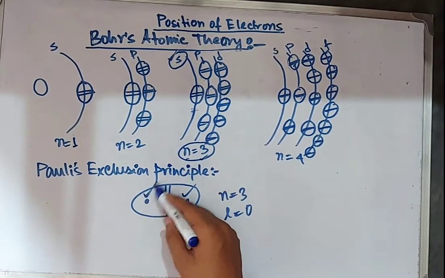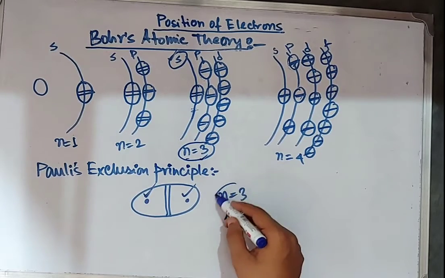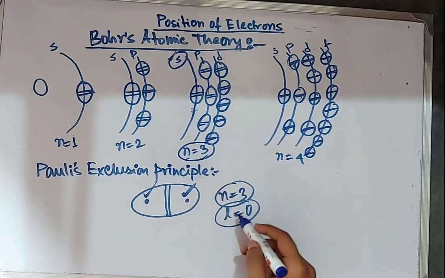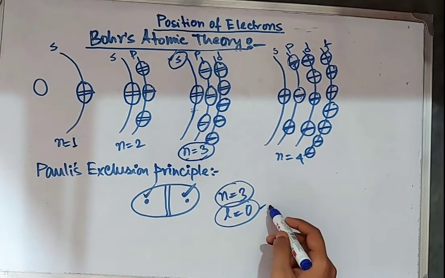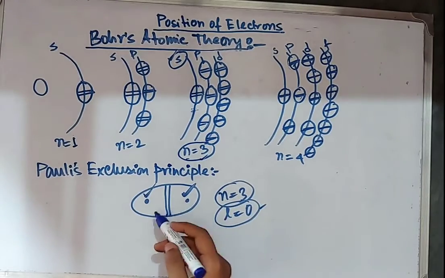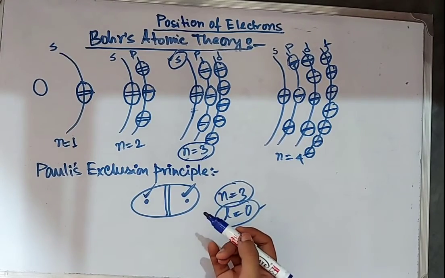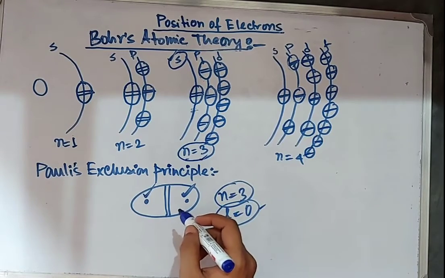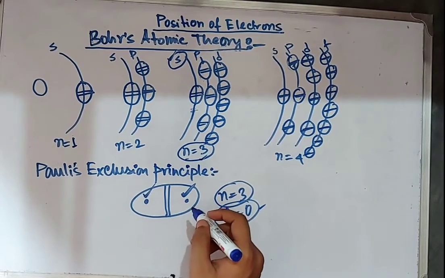So how can we differentiate these 2 electrons from each other? For that we need Pauli's exclusion principle.